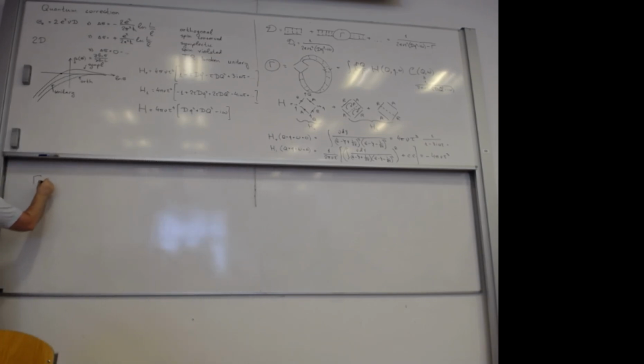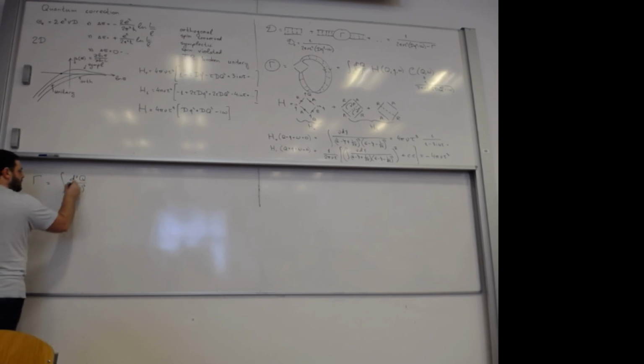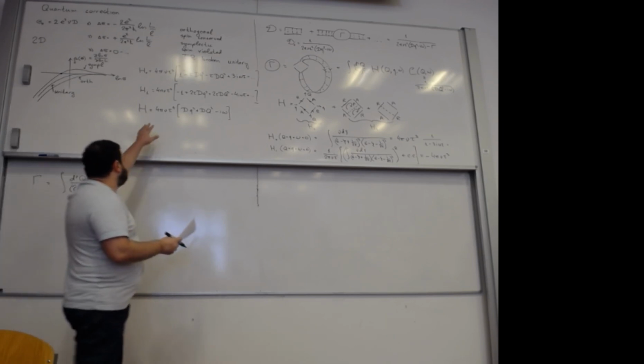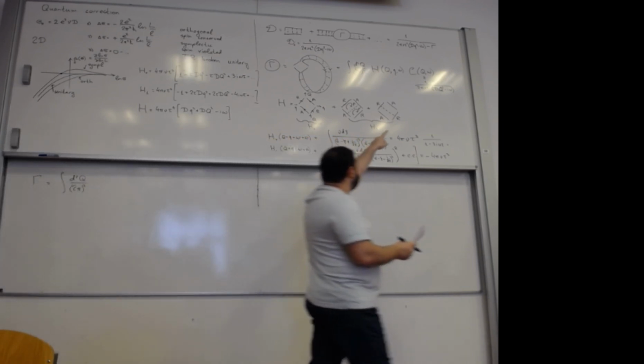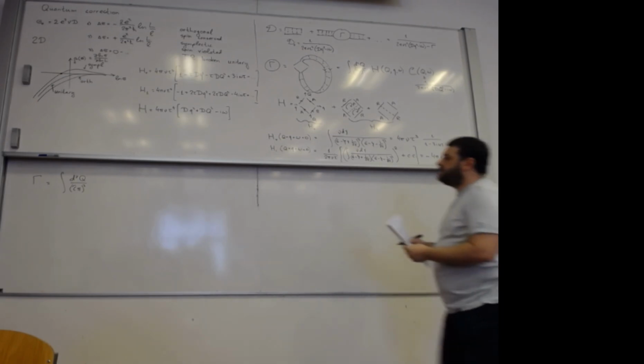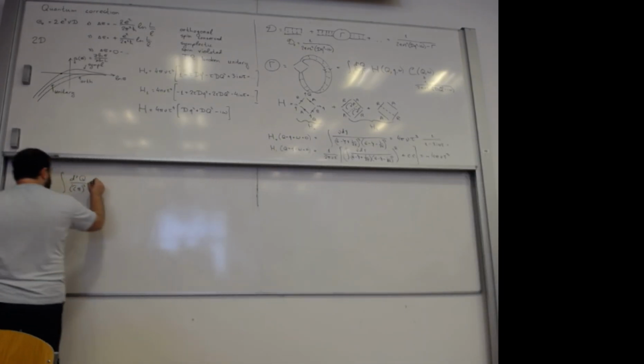Gamma, integral over capital Q, d squared Q over 2 pi squared. So what happens if I multiply this H times that C? Well, I have 2 tau squared.